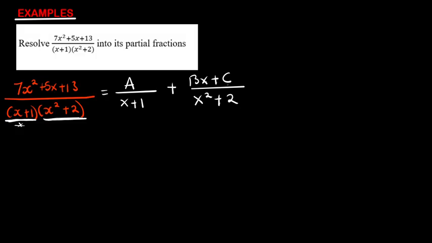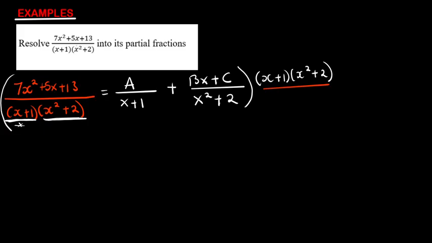Now after you have done that, the next stage is to check out what my common denominator is. My common denominator is x plus 1, then x squared plus 2. I write it this side. Then what next?